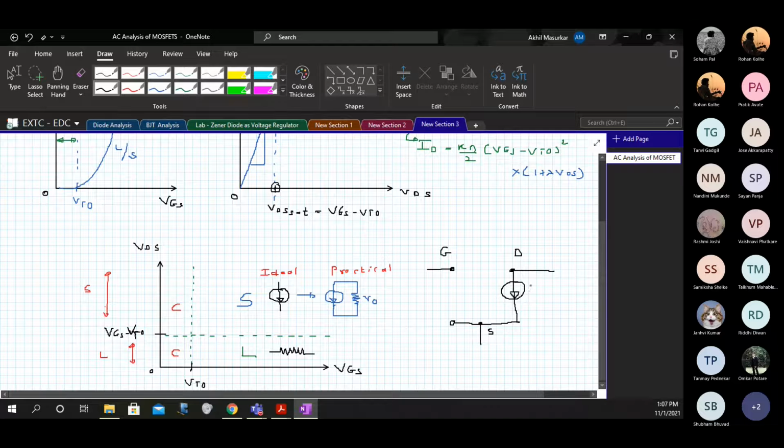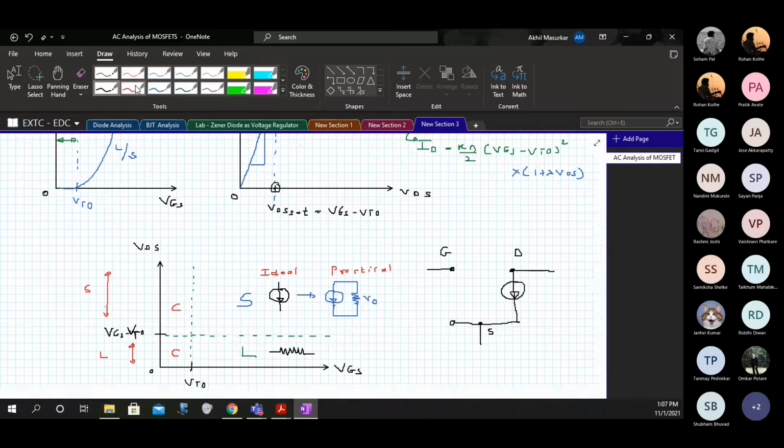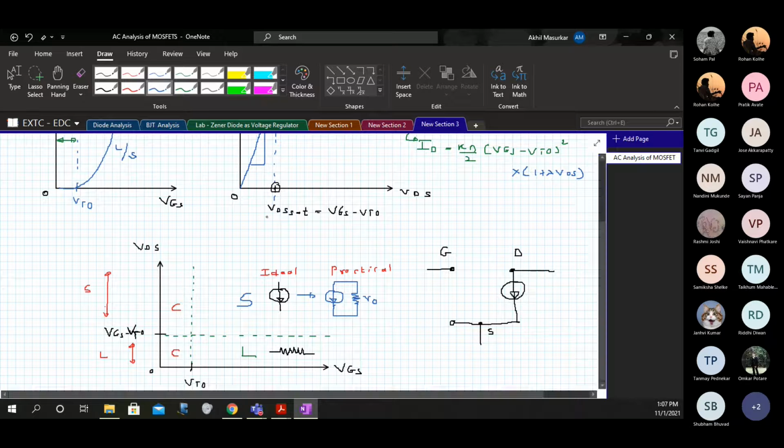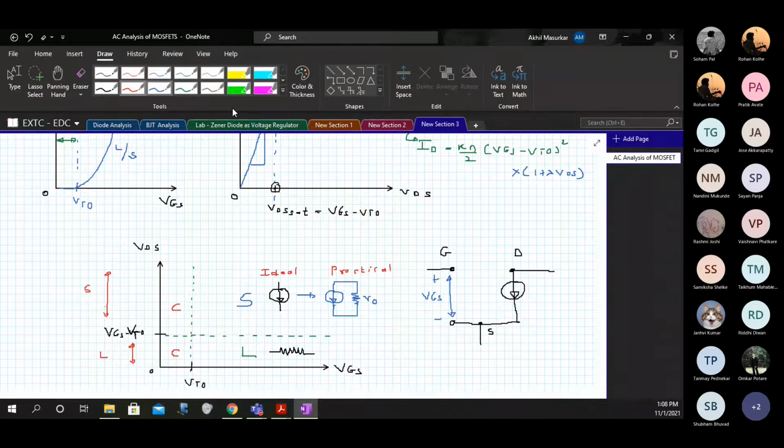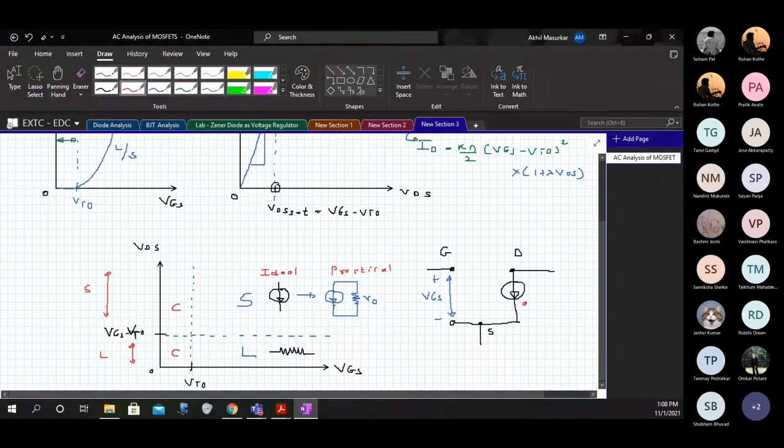So please draw this. Now, what are the values of the currents? Here, this voltage drop is plus minus VGS, and the value of this current source will be gm times VGS. gm times VGS.